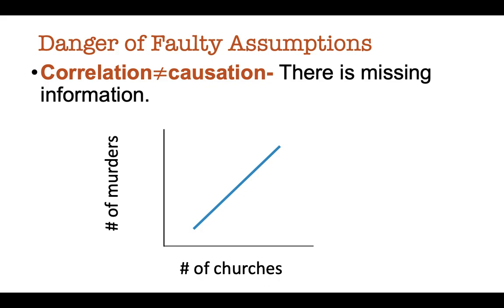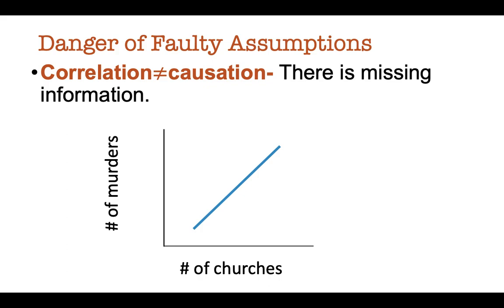So believe it or not, this is a real relationship that exists consistently across cities of the world. The more churches there are in a region, the more murders there are. But it's not because there is a causal relationship. The churches are not causing the murders. There's something missing. And that thing that's missing is the idea of the population.